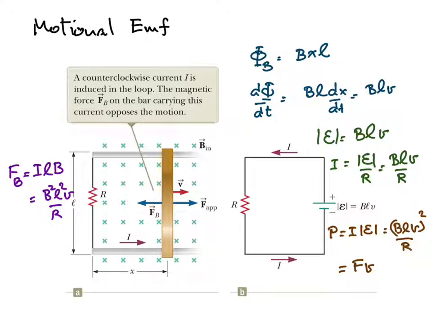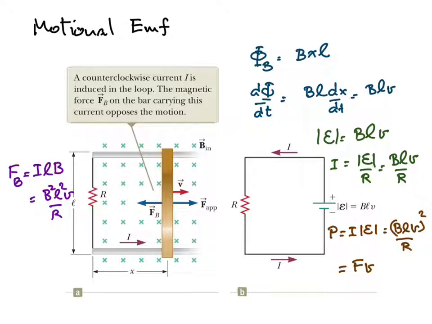Here we will discuss the second case, that is the electromotive force occurring from the change of the area that the magnetic field is passing through, and we call this problem a motional EMF.